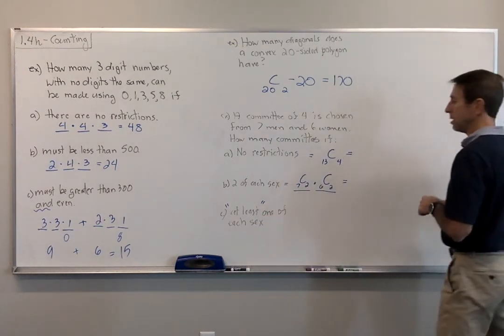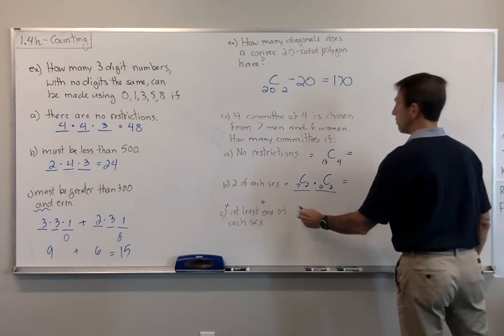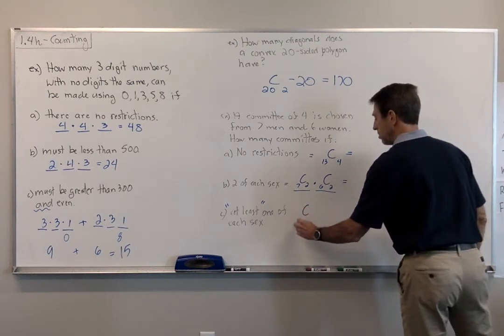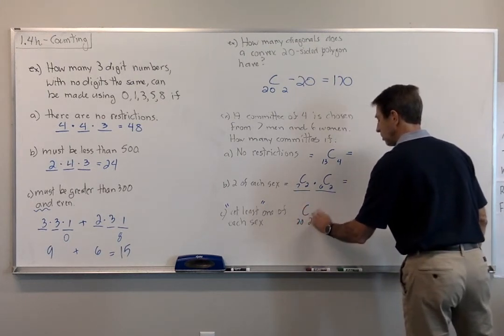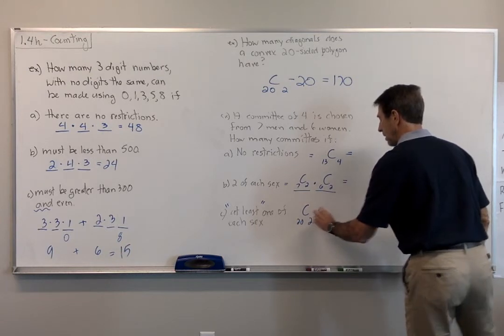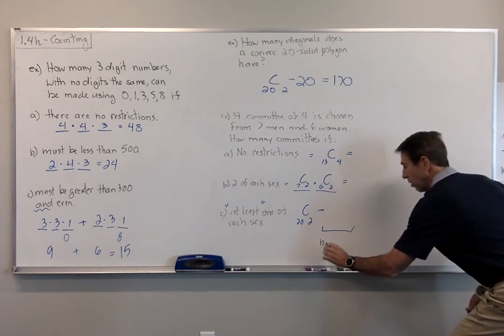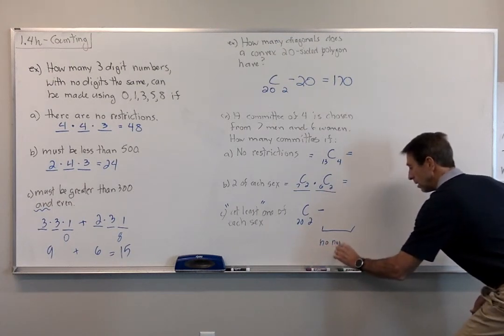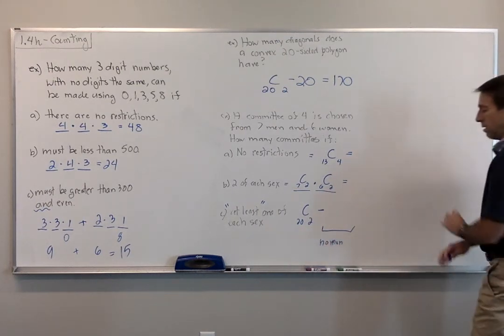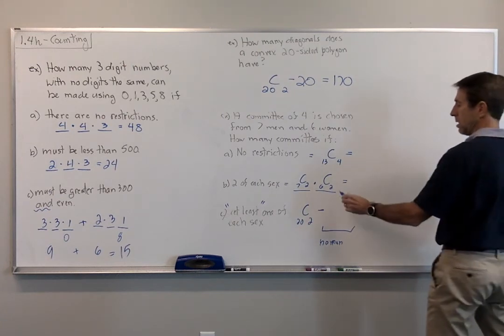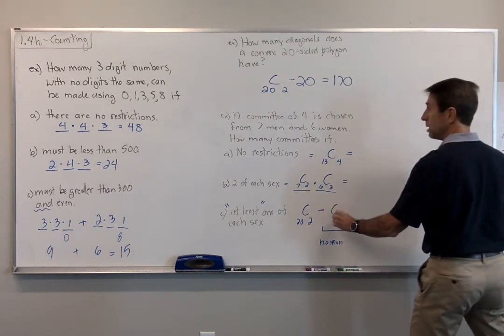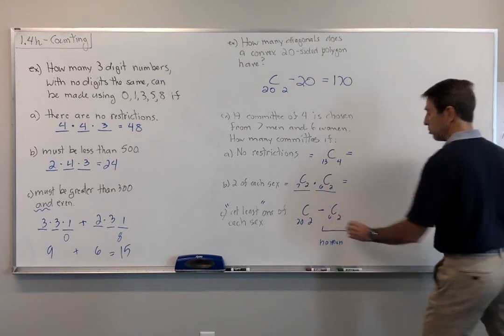Just to demonstrate that method, the total number, of course, is going to be that combination of 20, choose 2. Then I'm going to take away the case where there are no men. If there are no men on the committee, then that means I'm only choosing 2 of the 6 women.